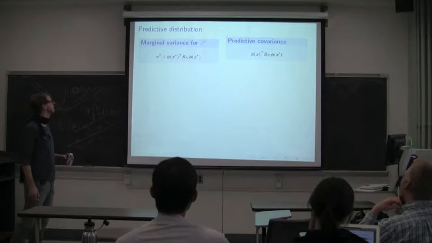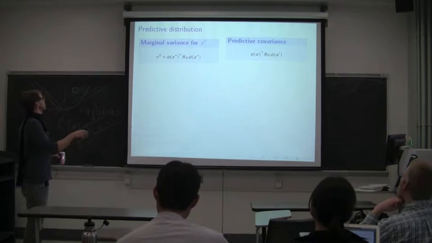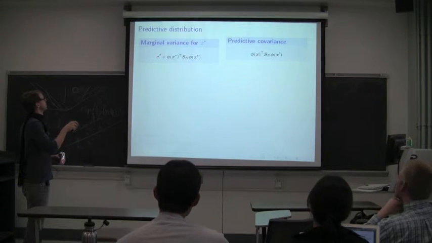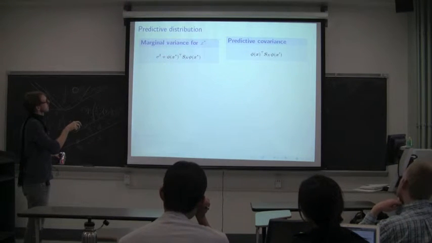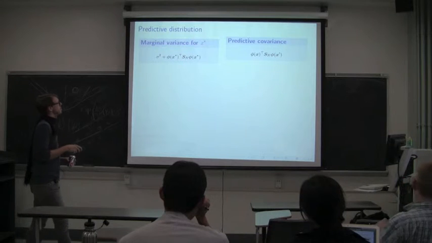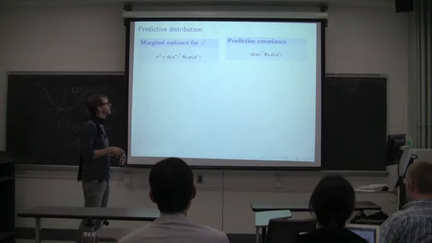Okay, so in the predictive distribution, this was just the variance that we derived on the page before.